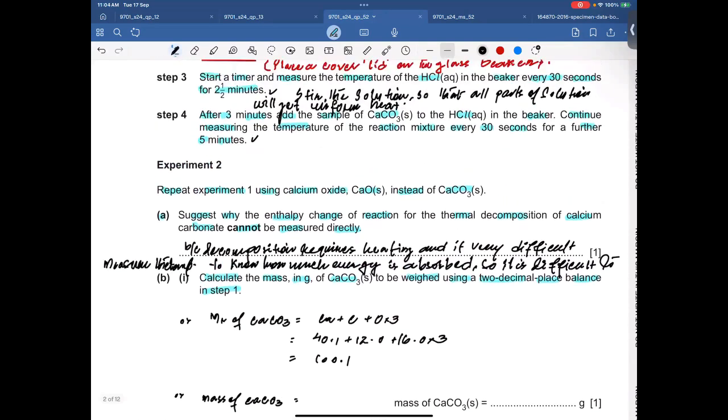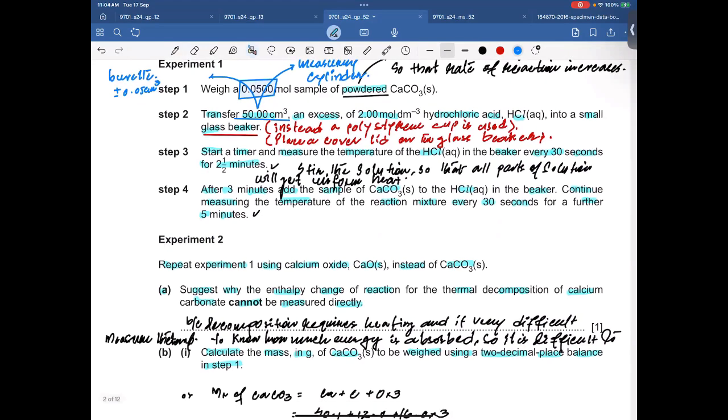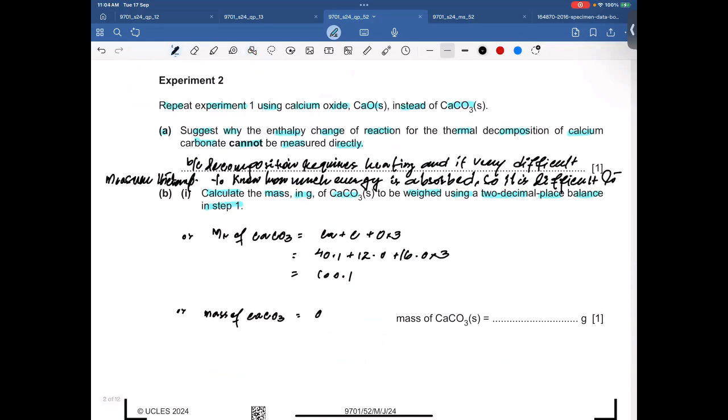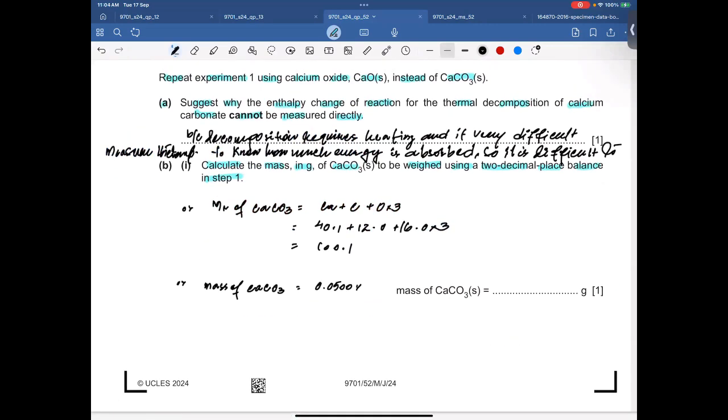So moles of calcium carbonate are already given in the question, 0.0500 moles. 0.0500 times 100.1. So I believe the mass of calcium carbonate is going to be 5.01 gram. I hope it makes sense to you.